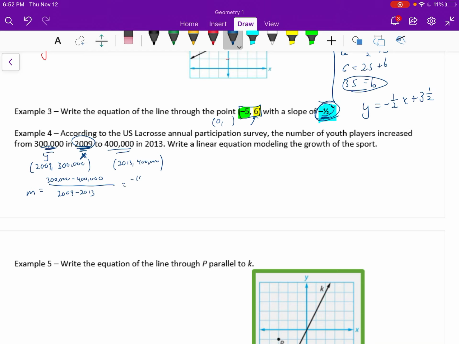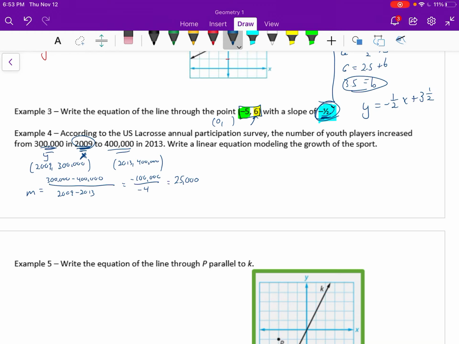That gives us negative 100,000 over negative 4, which is 25,000. So that's our slope, and in the meaning of this whole thing, it's growing at a rate of about 25,000 players per year, the increase.